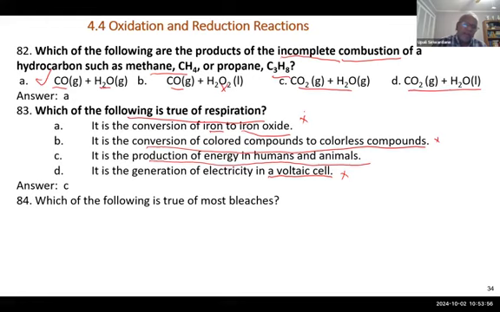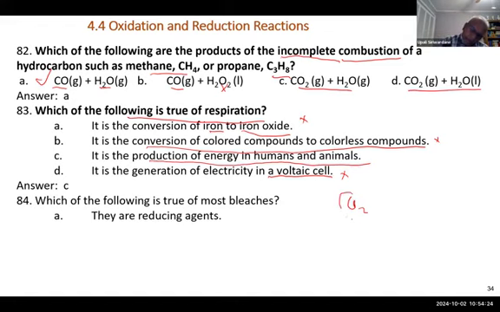Which of the following is true of most bleaches? Swimming pools use chlorine tablets. The chlorine tablets produce chlorine, free chlorine, when dissolved in water.